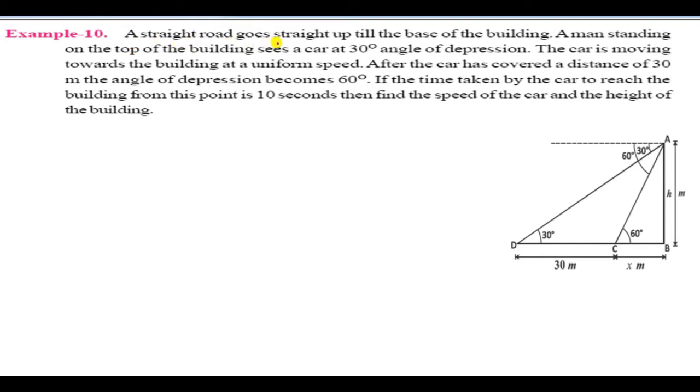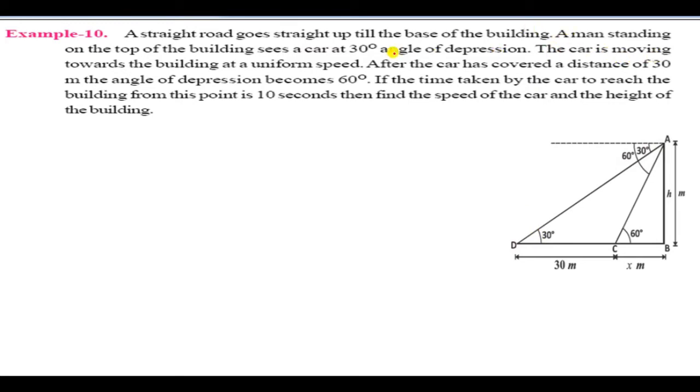A straight road goes straight up to the base of a building. A man standing on the top of the building sees a car at a 30-degree angle of depression. With the help of alternate angles, this will also be 30 degrees.